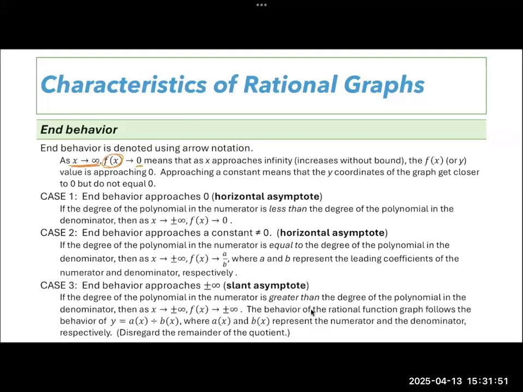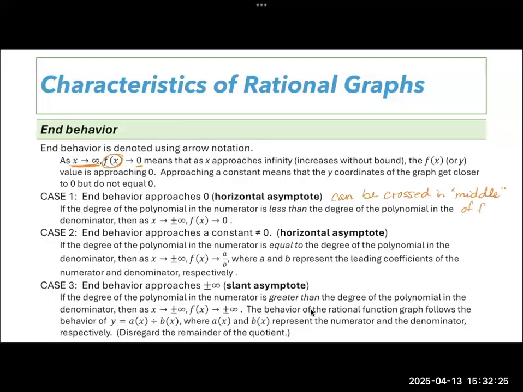With end behavior, if we draw any kind of asymptote to indicate that our graph is going to be approaching a particular value, we need to realize that these asymptotes can be crossed in what we might call the middle of the function.